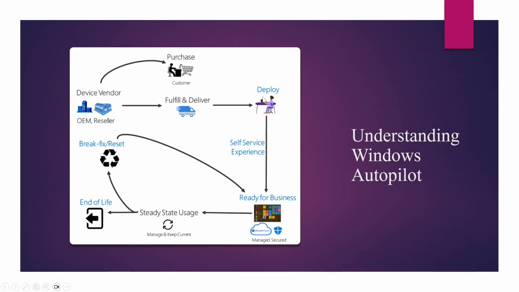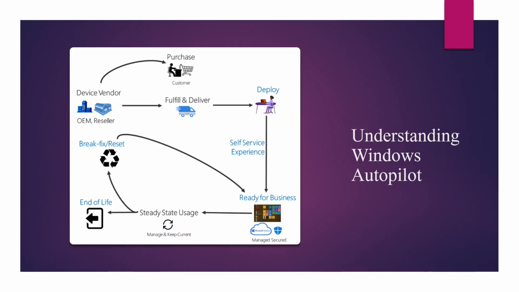Once the device is all ready, it is then sent to the employees. The device setup is a complete self service experience on the user end. Autopilot enables the user to complete the setup themselves: the user needs to connect the device to the internet and sign in to the work account.